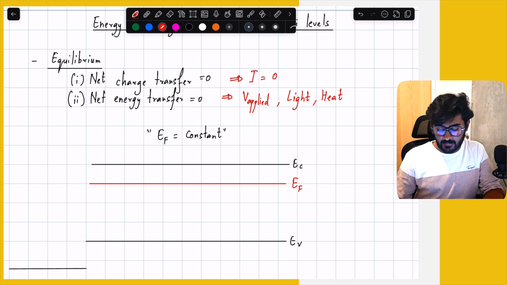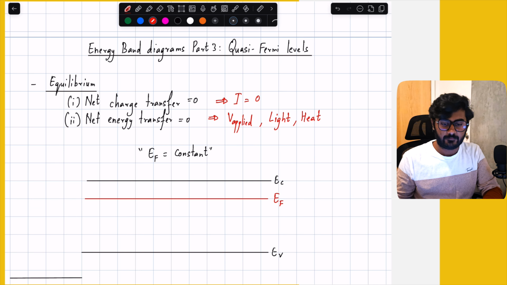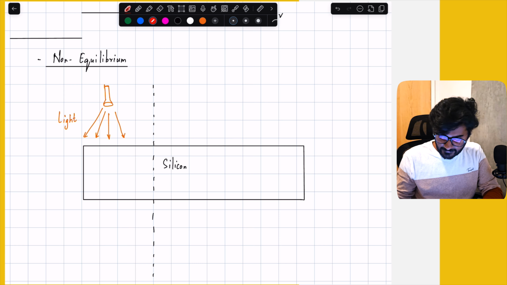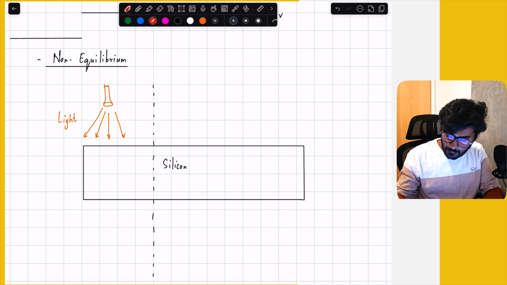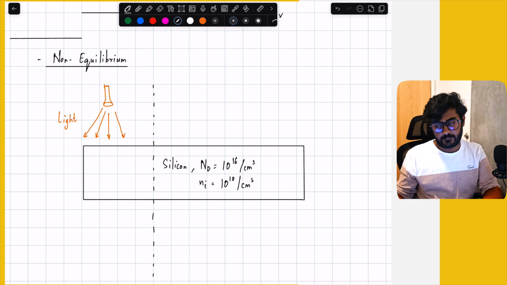Suppose I have an n-type semiconductor. A single Fermi level is actually enough to represent both the electron and hole concentration when this material is in equilibrium. So now let's see what happens to this n-type silicon when it is exposed to non-equilibrium conditions. We'll take this n-type silicon and at one of its ends we'll shine light on it, and let's say the doping concentration is 10^16 per cm^3 and the intrinsic carrier concentration is 10^10 per cm^3.